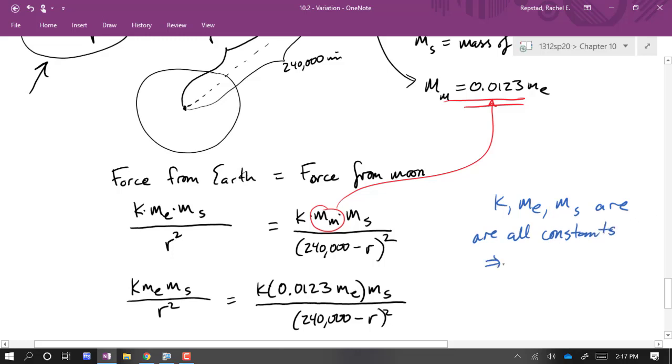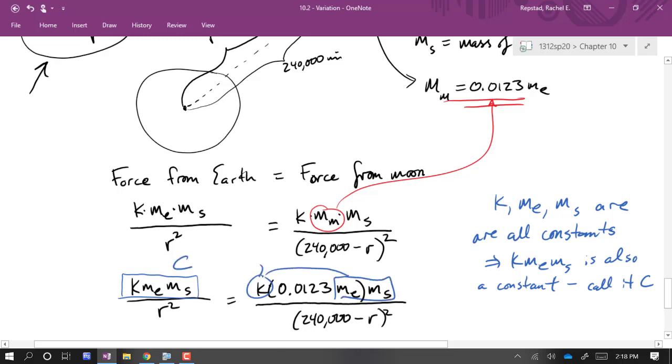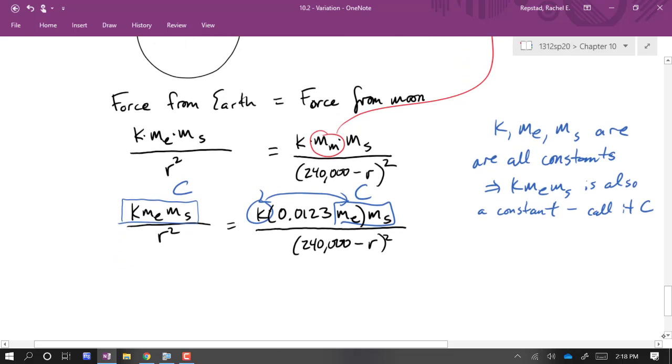And so that means that the product k m e m s is also a constant. Let's call it C. So that means that this is equal to C, and also that product is also equal to C. That simplifies things quite a bit here.